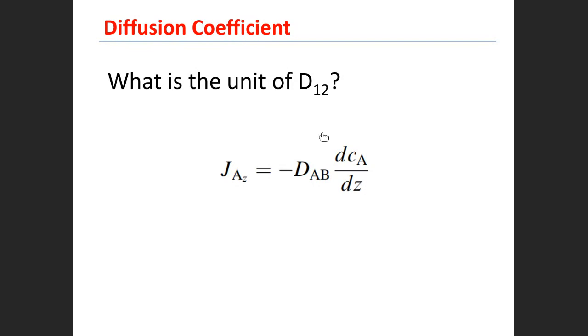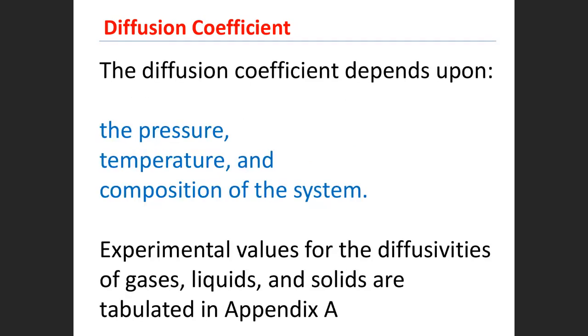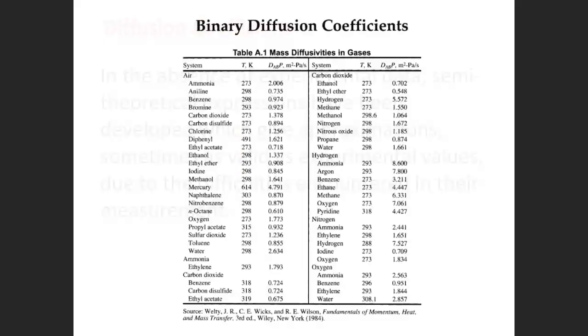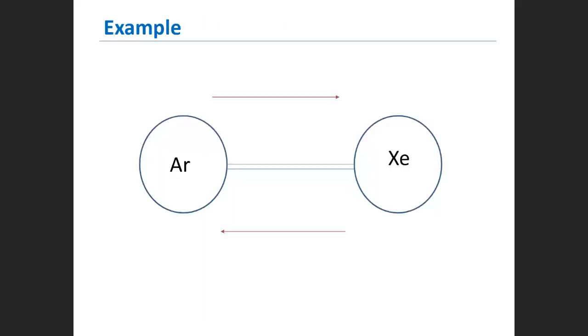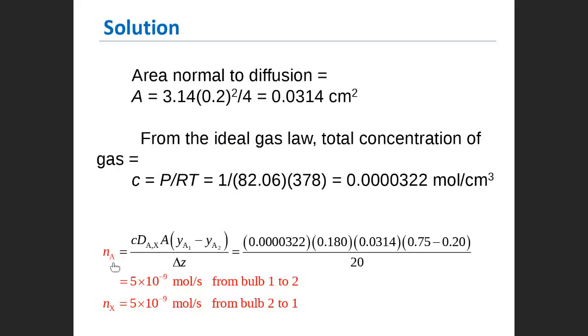And the diffusivity, then you have change in concentration and change in distance. So N_A basically is what? Mole per second. It was supposed to be divided by A.